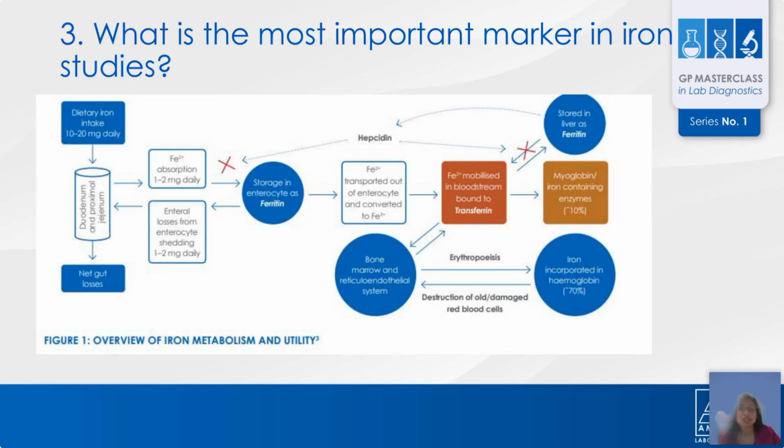Because iron deficiency has been found to affect almost every cell and every system in the body. And it is so easily and commonly overlooked in everyday practice. It is the most common micronutrient deficiency globally, affecting 2 billion people. And this is why we have to get it right.